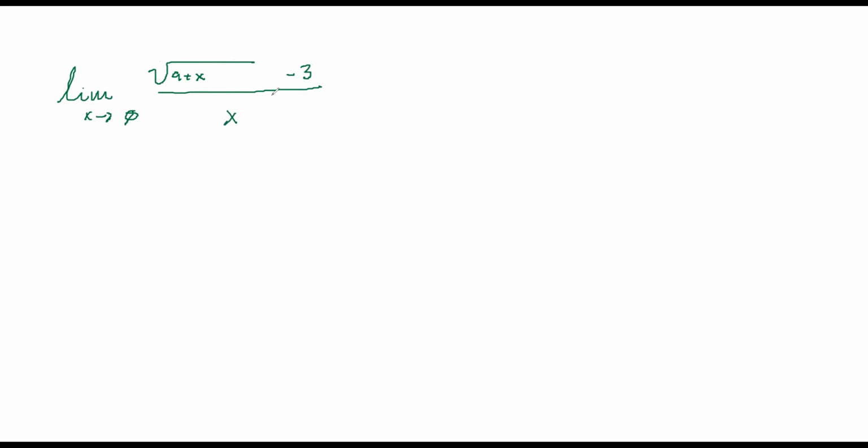So I assume this is like a distribution type. Yeah, so we multiply it by the square root of 9 plus x minus 3 over the square root of 9 plus x plus 3.